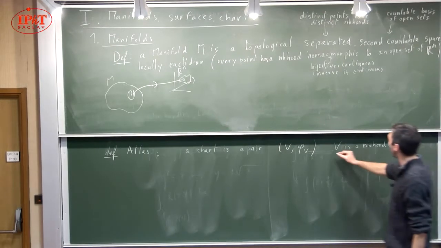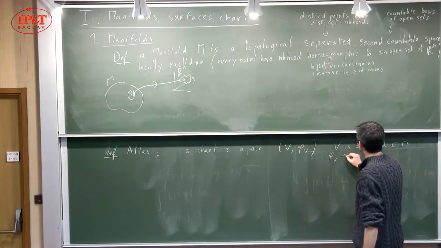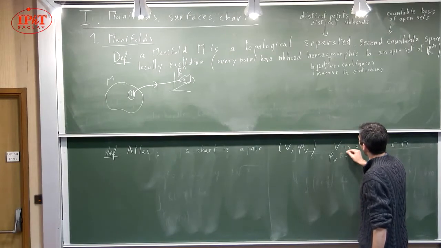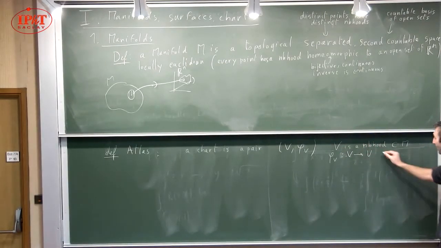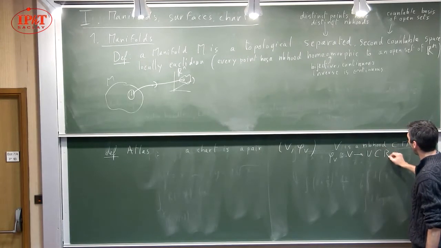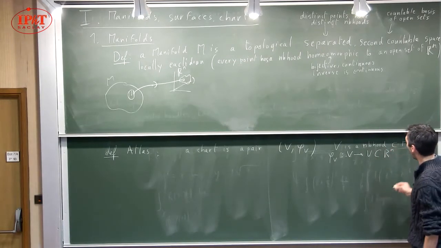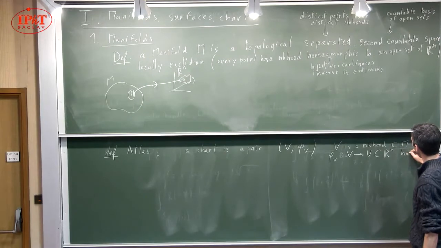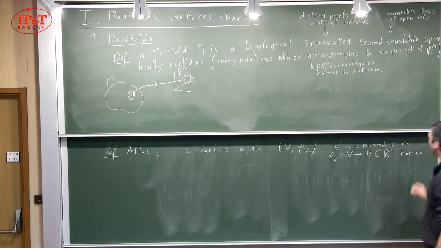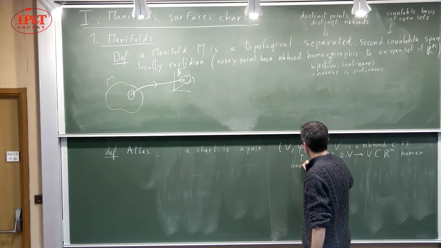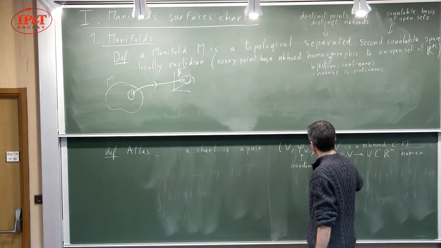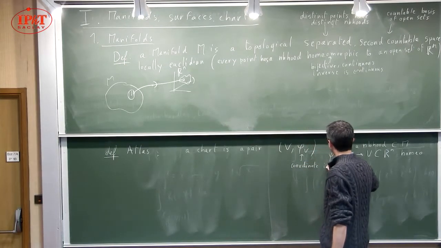And phi_V is the homeomorphism that goes from V to U, so let me call U the image in R^n. And phi_V is called the coordinate in the card.